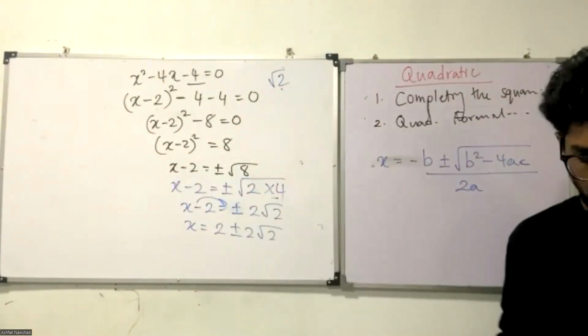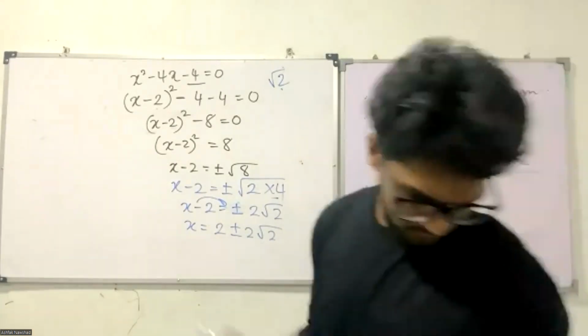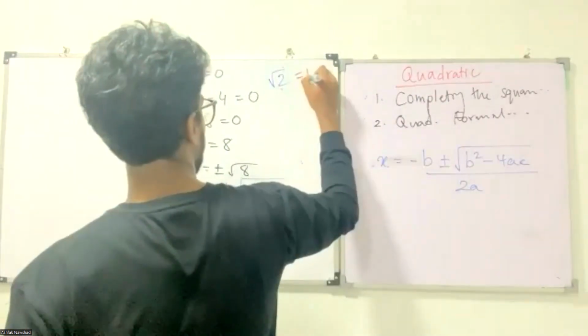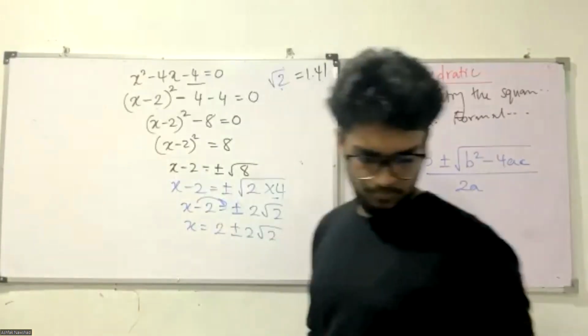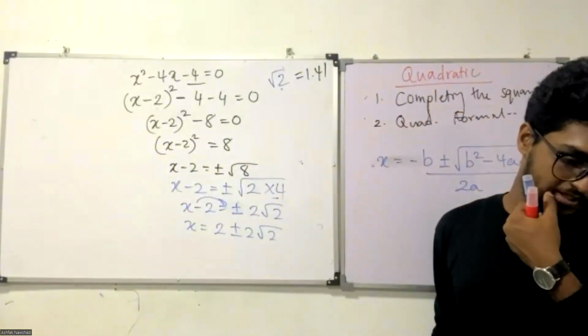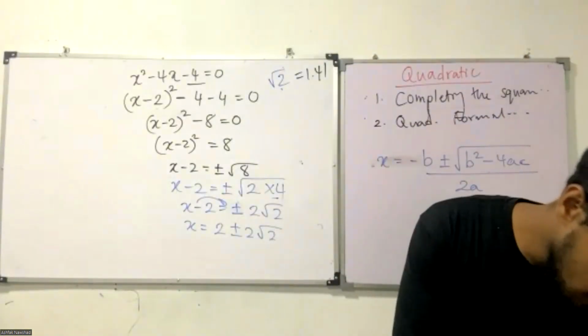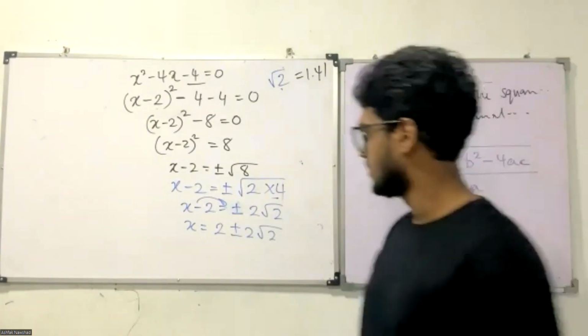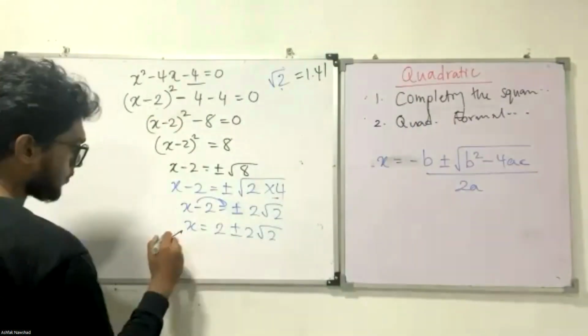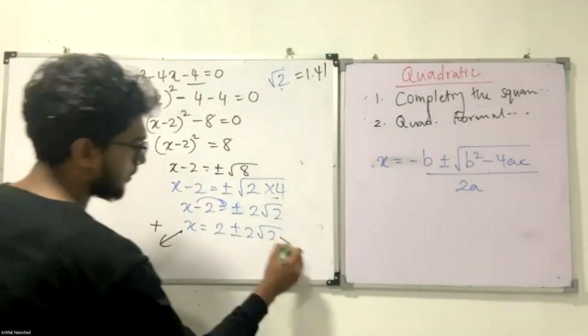We have root 2, and the value of root 2 is 1.41. So we are almost finished. We need the value of x correct to the first decimal place. So what would be the answer? The positive one or the negative one?